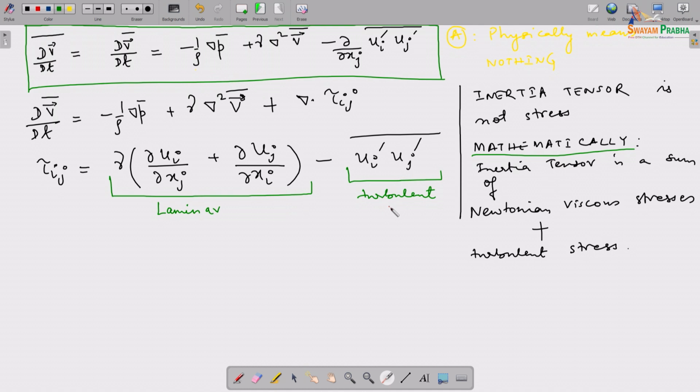So, typically therefore, in a turbulent boundary layer, a term like this, UV time averaged, actually is called a turbulent shear.